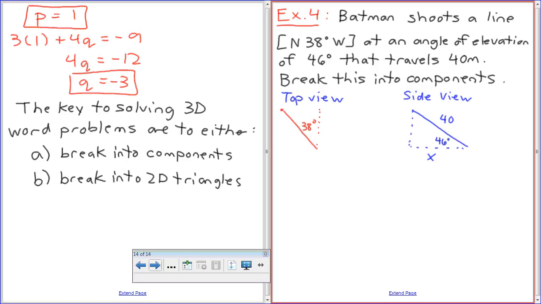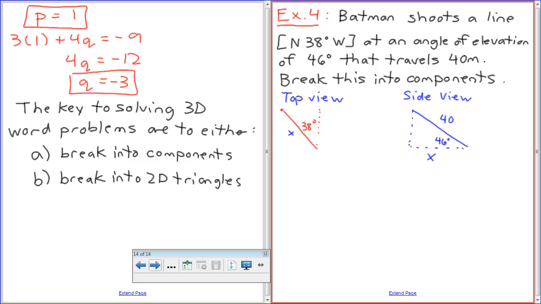I don't want to start a fight here, but maybe we were talking about two different things. The point is, even if this is a 40 meter line and it's tilted to you like this, you're not going to see 40 meters. When you're looking there, you're only going to see a part of it.